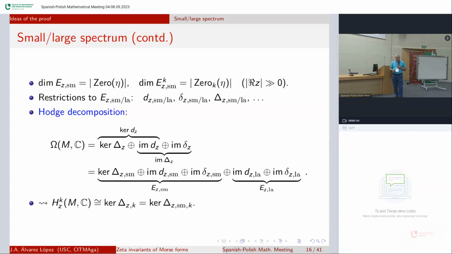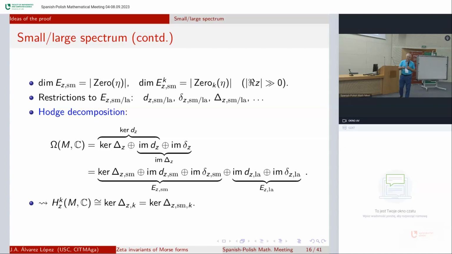If the restrictions of the above operators to the small and large subspaces are denoted in this way, the Hodge decomposition for this twisted complex can be refined in this way: taking a Hodge decomposition for the small complex, which is finite dimensional, and then a Hodge decomposition for the large complex, which does not have a zero kernel of the twisted Laplacian because all the eigenvalues are positive.